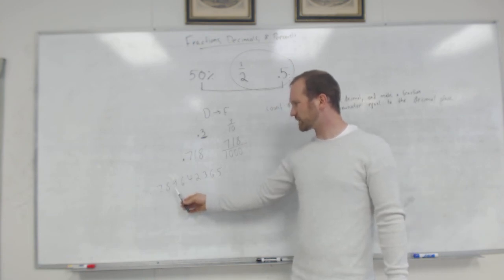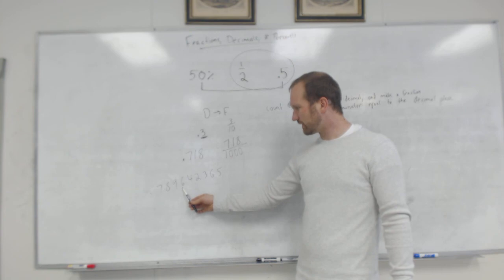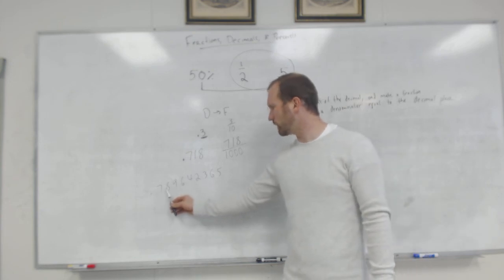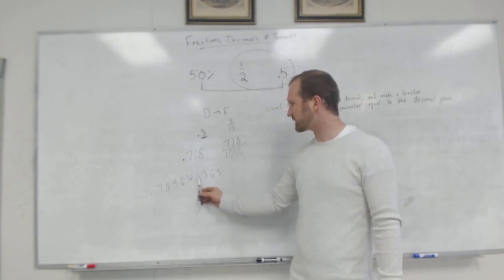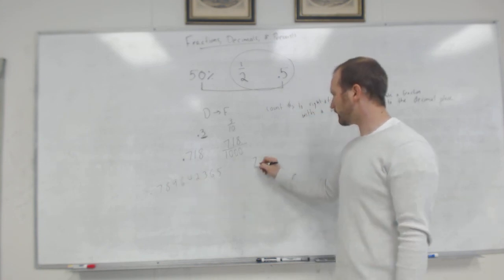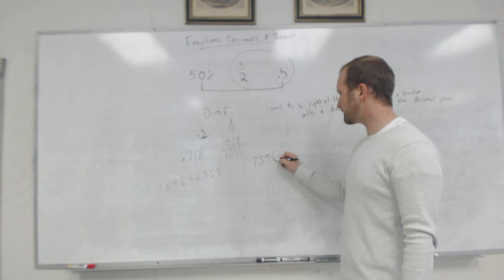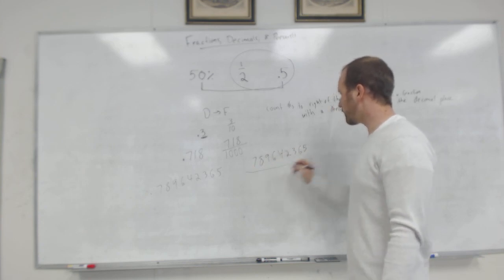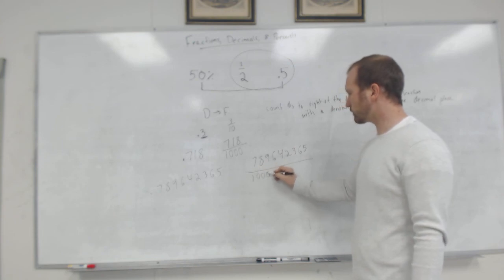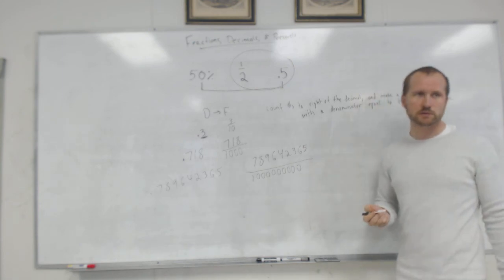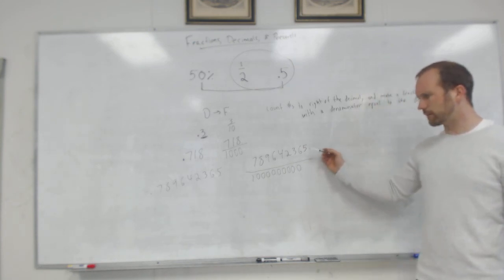Tenths, hundredths, thousandths, ten-thousandths, hundred-thousandths, millions. It's easy to get lost, right? So instead, let's just count them. 1, 2, 3, 4, 5, 6, 7, 8, 9. So I'm going to write this number, 789642365, over a 1 with 9 zeros. And that is the same thing.